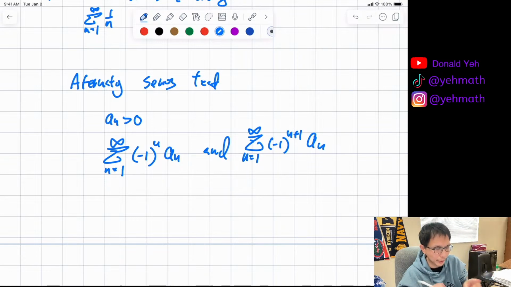So either it's -1 to the n or -1 to the n plus 1. Why is there a difference? Well, it depends on whether your first term is negative or positive. One of them, the first term is positive. One of them, the first term is negative.